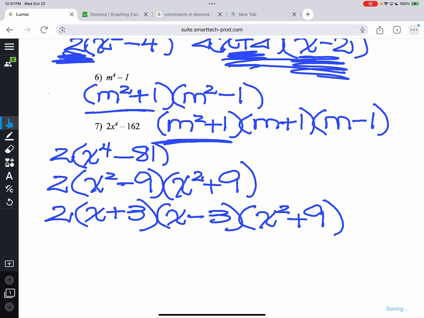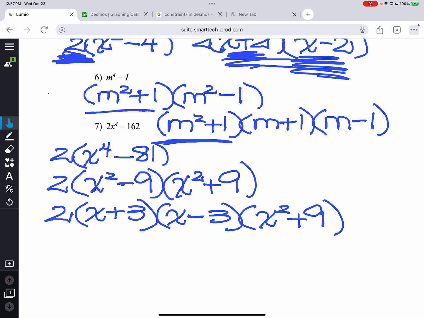All right, as we're working it, you broke x to the 4th minus 81 down as x squared minus 9 times x squared plus 9. And then, hopefully you're through, but you ask, is it a difference of perfect squares? The first one is, but the second one is not. X squared plus 9 is not. But it's still part of the answer, so it travels along like your greatest common factor does.